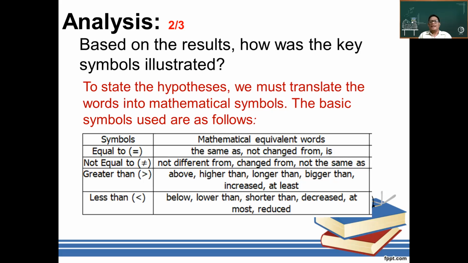Here are the mathematical equivalent words, so always remember these words. When you test a hypothesis, check the claim, find the keywords, then you will find how to answer the analysis, whether it is the alternative or null hypothesis.